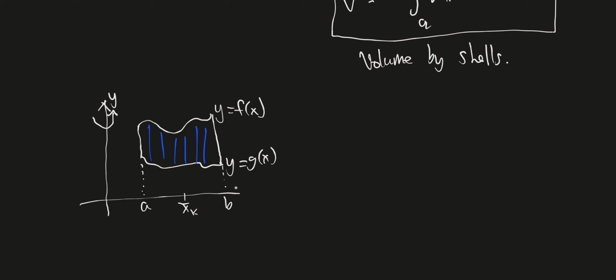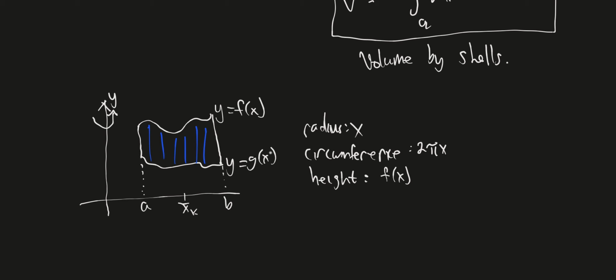So your radius is still going to be x. That means your circumference is still 2 pi x, because again, going all the way around. So your circumference is 2 pi x. The height is now what changes. The height is the difference between the upper function f and the lower function g.